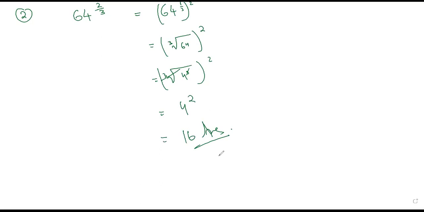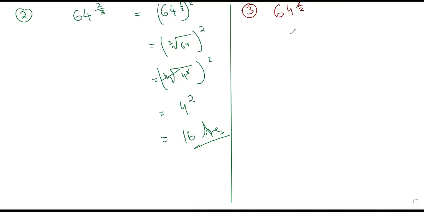But in order to do things quickly, just so they are less complicated, we have to be careful with our method. Okay. Let's say that you had a similar question: 64 power 3 by 2.